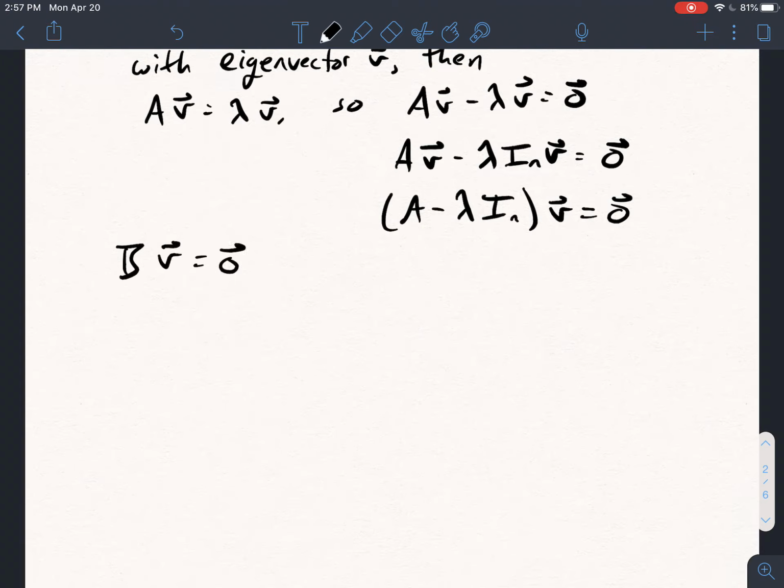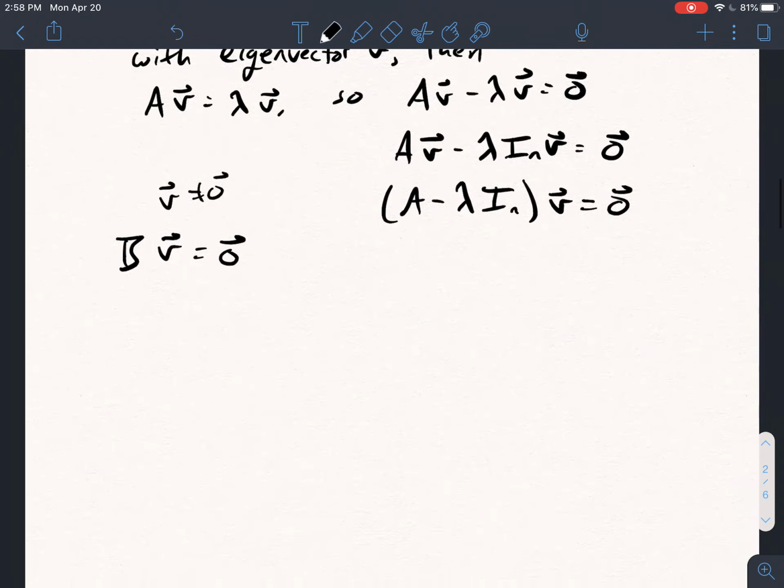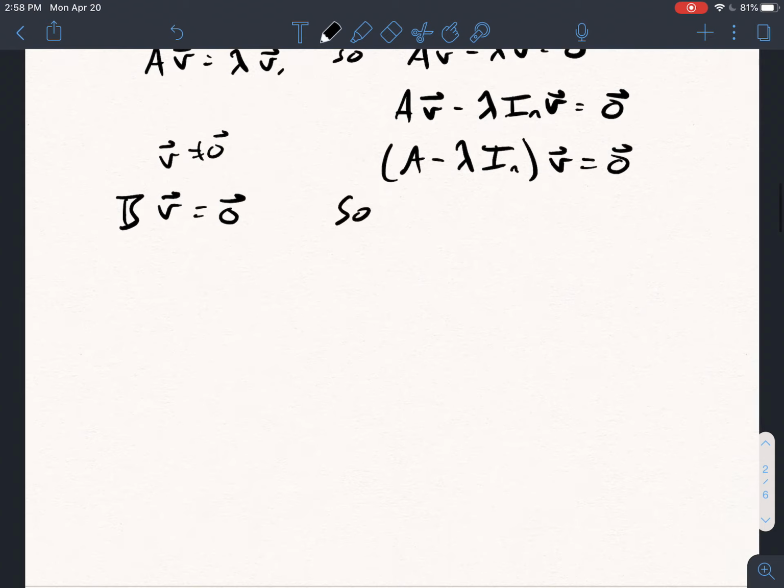So what is this telling us? I have a matrix B such that BV is equal to 0. This is a true solution, and V is not equal to the 0 vector. This tells me that this matrix has to be a singular matrix, because it has non-zero solutions.